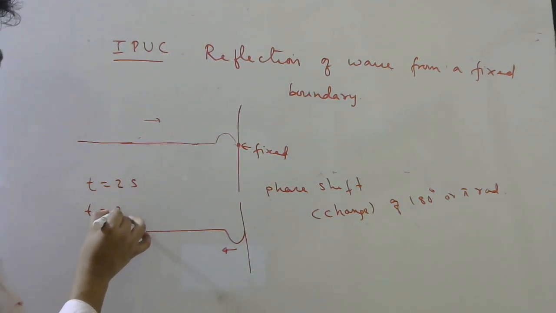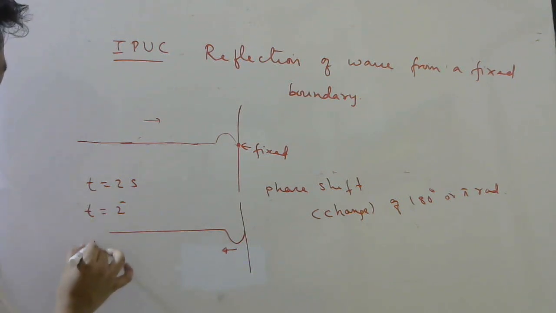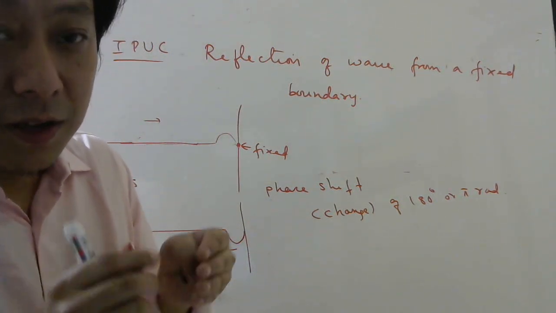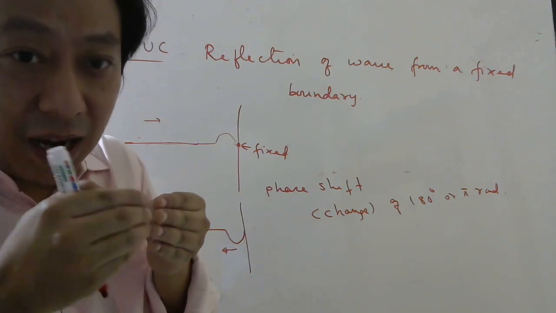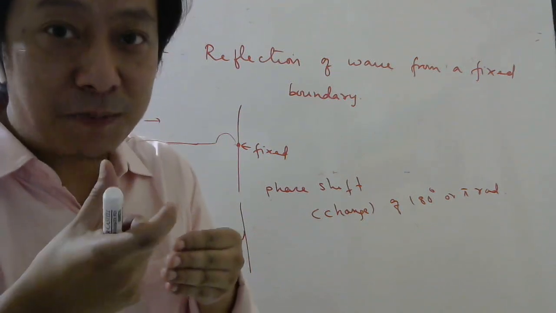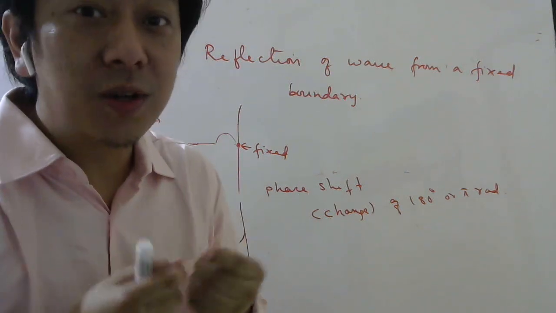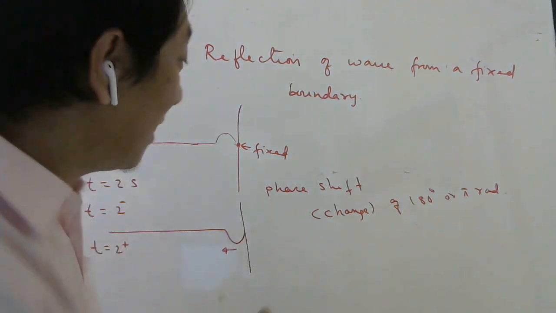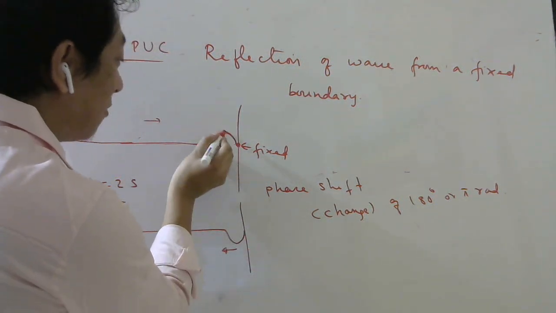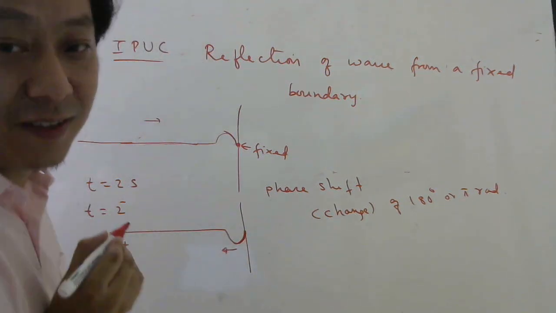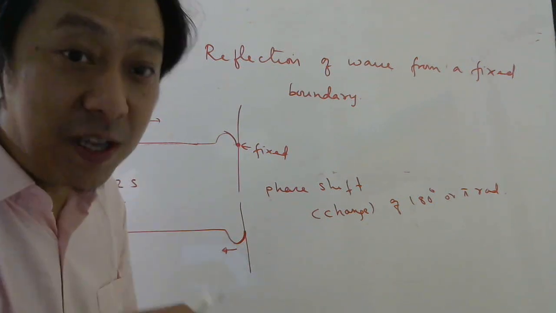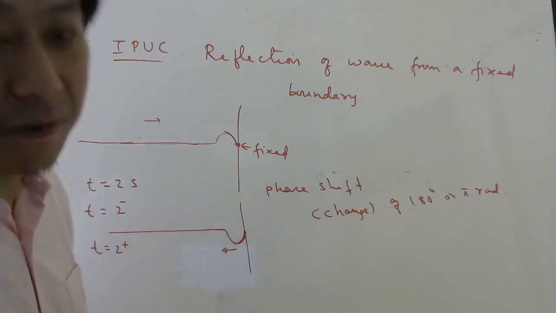Then just before hitting is 2 minus, and just after hitting is 2 plus. To find the total displacement at that instant, I have to add the displacement of those two waves. So just before and just after, one wave must be like this and one wave must be like this, so that when I add them at that instant, the total displacement must be 0, because it is a fixed end.